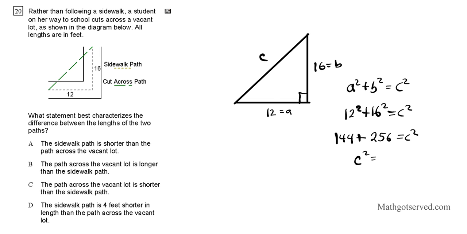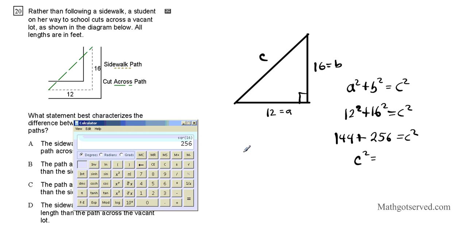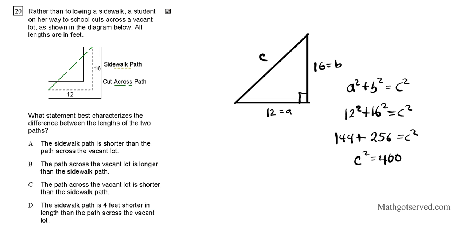So C squared, we're going to add 144 and 256. We get 400. So C squared equals 400. C is going to be the square root of 400, which is basically equal to 20. Okay. All right. So this is going to be 20 feet.